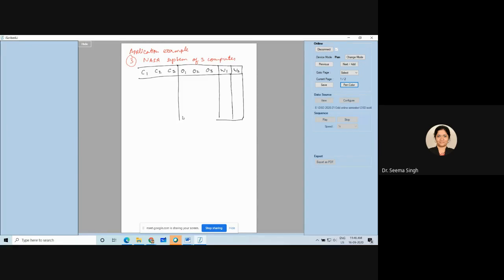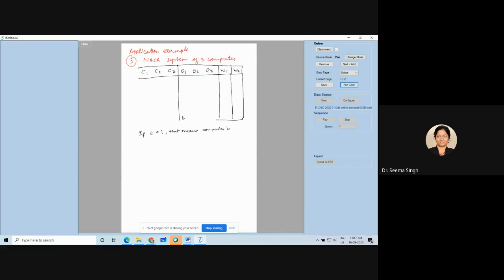Okay. See, you people can write down that C1, C2, C3 are the variables used to show computers. And if C is 1, that means the computer has failed. Okay. This is very important to note. If C is 1, that means that computer has failed.